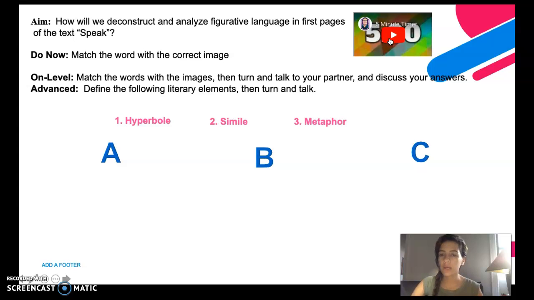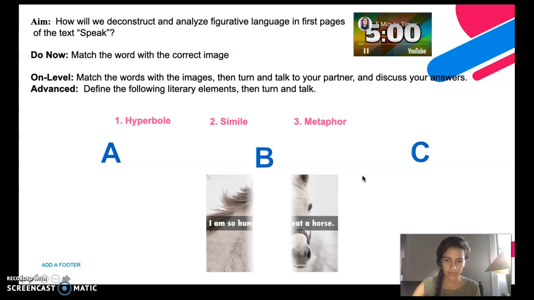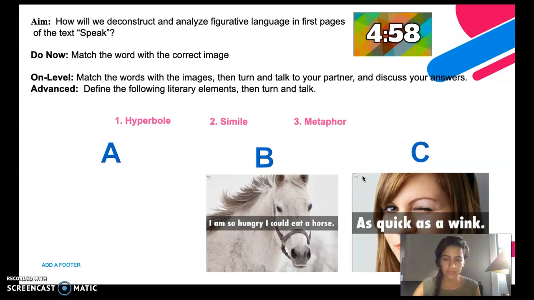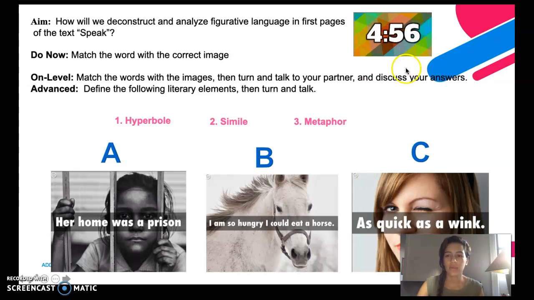Okay, I'll be walking around to make sure that everybody is on task. All right, pen to paper right now. Okay, very good. I love how Maria is taking notes right now. Also, table 3 on this side is doing an amazing job.